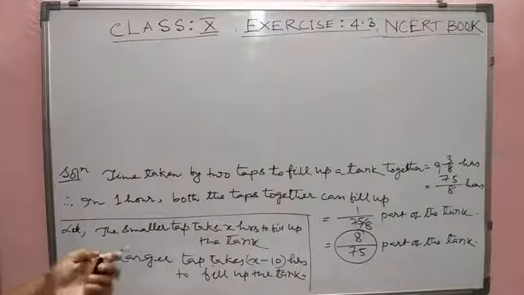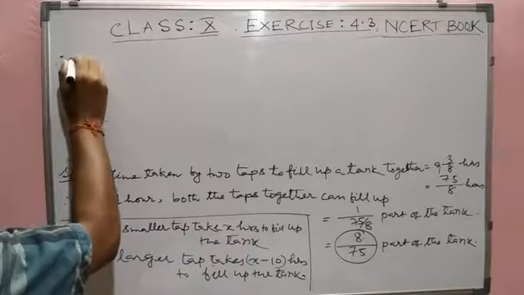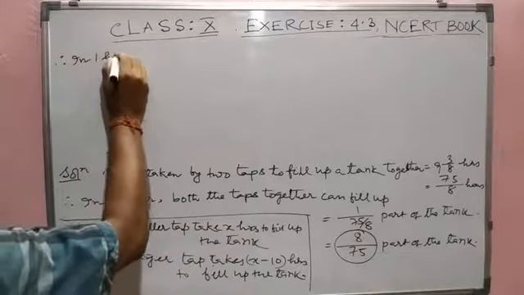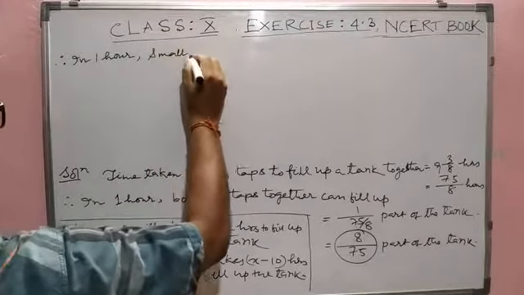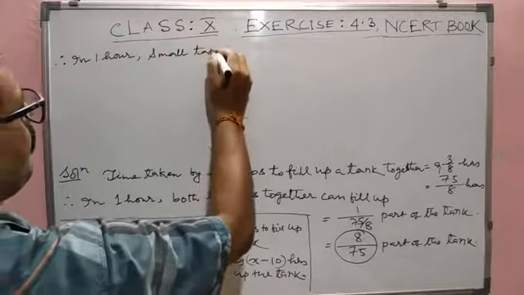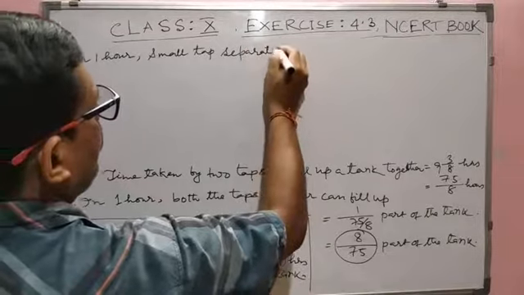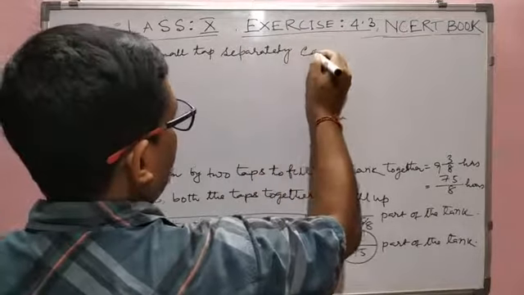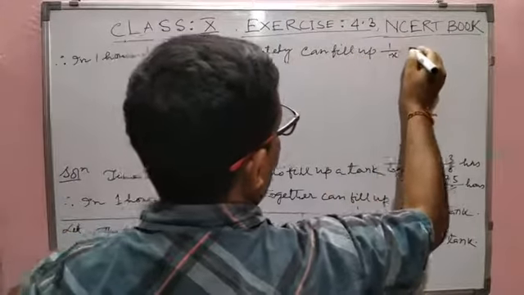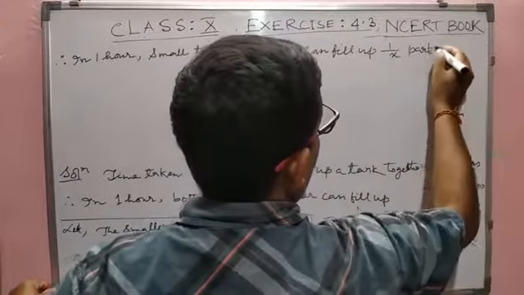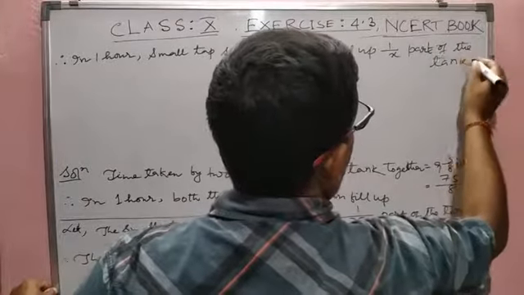Now you see, the smaller tap takes x hours to fill up the tank. Therefore, we have to write in 1 hour. In 1 hour, the smaller tap separately can fill up 1 by x part of the tank.